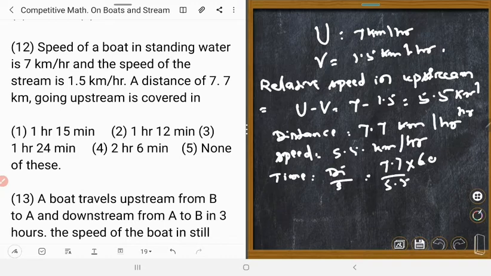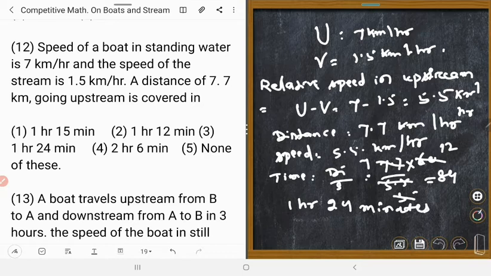So 11 7 the 11, 5 5 the 5, 12 the is equal to 84. 84 means 1 hour 24 minutes.